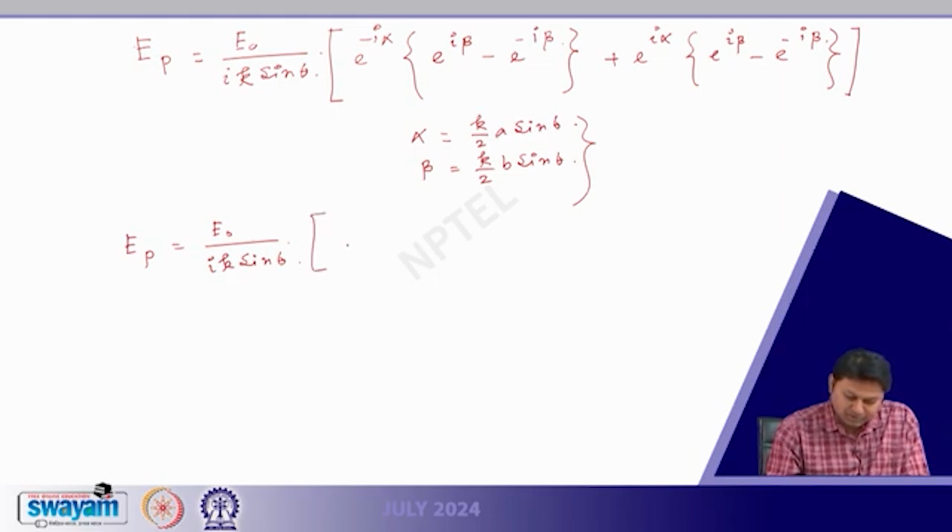So, it should be e to the power of i beta minus e to the power of minus i beta, multiplied by e to the power of i alpha plus e to the power of minus i alpha.